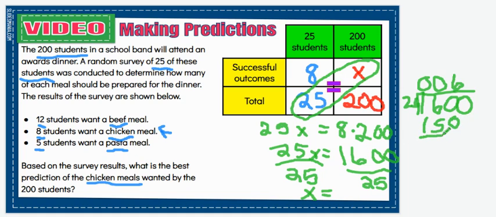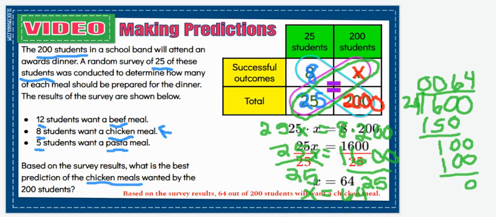Subtract 150 from 160, and I get 10. And now I need to do 100 divided by 25, and 4 25s, or 4 quarters, makes 100. So we get 64 even with a remainder of 0. So my answer is 64 chicken meals.